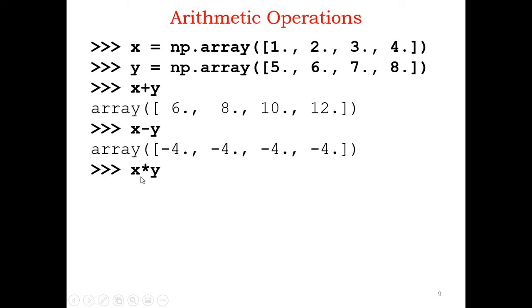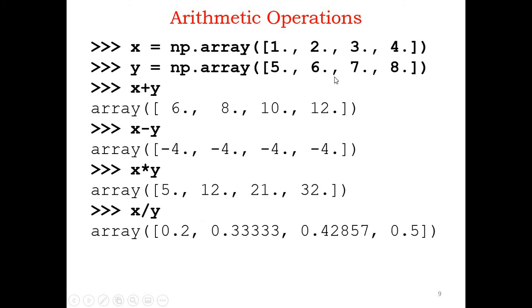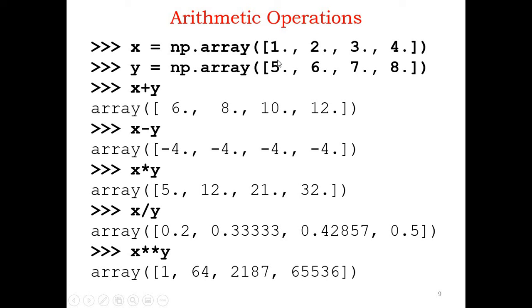If you write x into y, x star y, that means it will give 5 into 1, 2 into 6, and so on. See this. If you write x by y, it will divide 1 by 5, 2 by 6, 3 by 7, and so on. If you write x star star y, it will actually compute the power. So 1 to the power 5 is 1, 2 to the power 6 is 64, and so on.